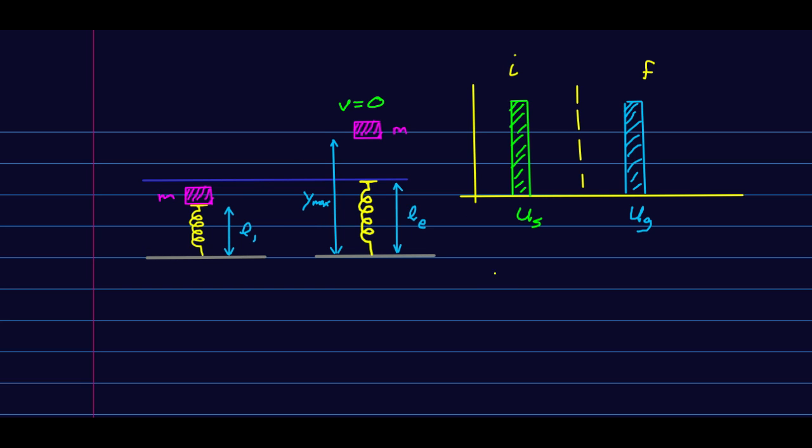And what you would find is that if you double the compression of the spring, the mass will go 4 times as high. And we know that the gravitational potential energy is proportional to the height. And so that's just telling you that doubling the spring compression quadruples the energy.